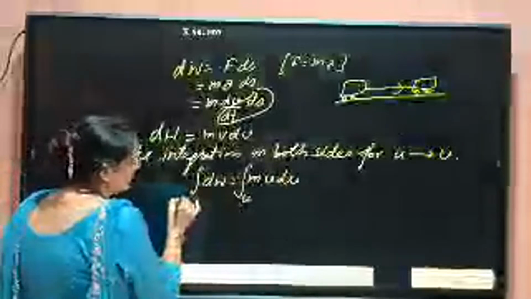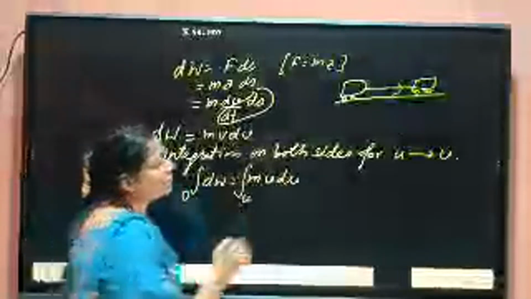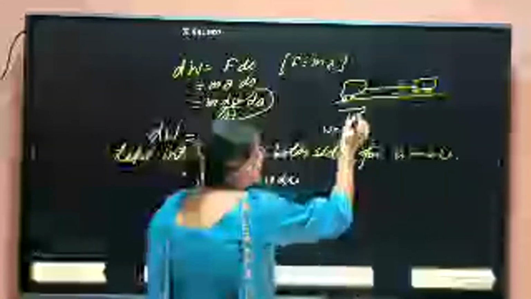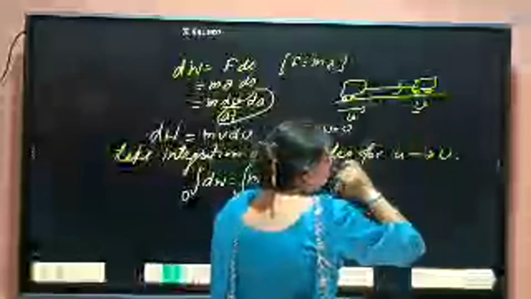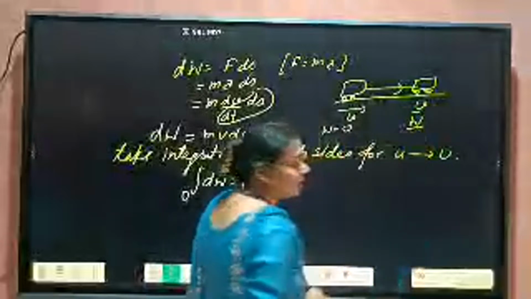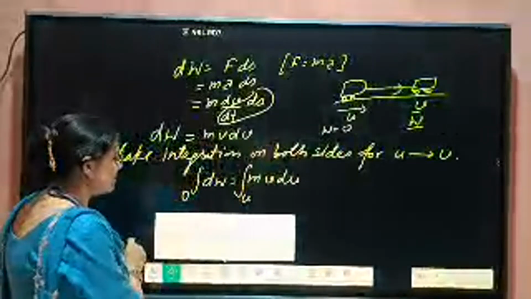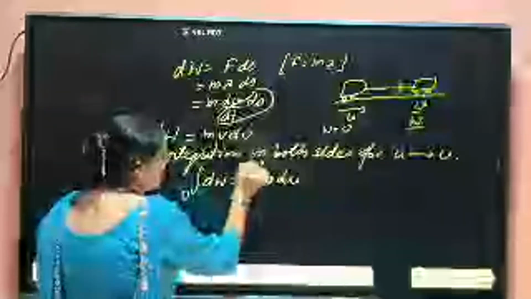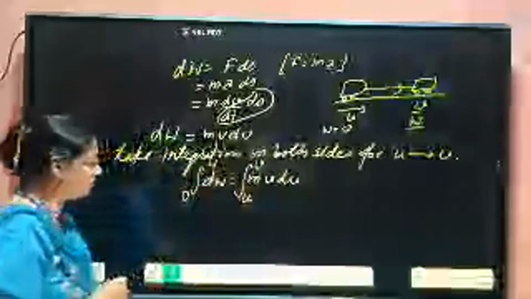Initially velocity is u, and work done will be 0. जब body यहाँ है, तो velocity u है, work done 0 है. As it reaches here, velocity becomes v, then work done will be W only. So we put these limits here. The final velocity of this object is v and the total work done is W.